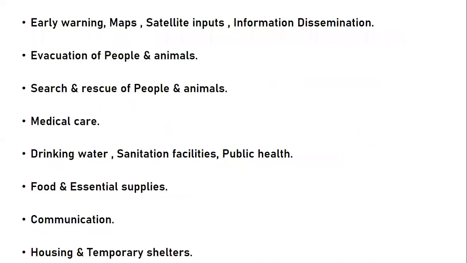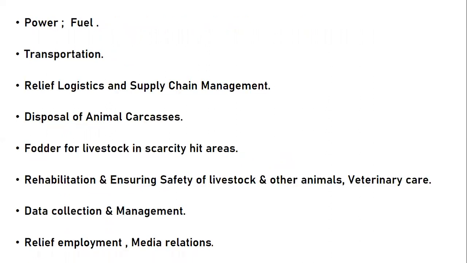This plan includes early warnings, maps, satellite inputs, information dissemination, evacuation of people and animals, search and rescue of people and animals, medical care, drinking water, sanitation facilities, public health, food and essential supplies, communication, housing and temporary shelters.